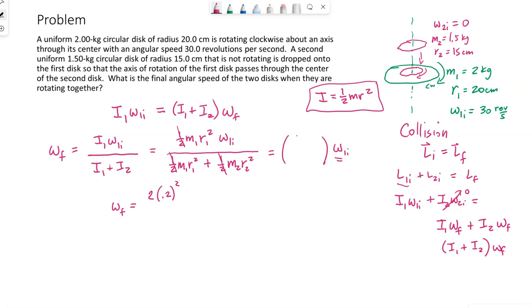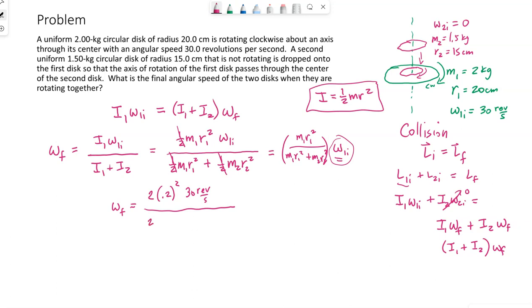But because of this setup here, the units in the parentheses are going to cancel. And so I'm going to go ahead and just leave omega 1 initial in terms of revolutions per second. And that's going to give me revolutions per second on omega final. Since the problem is not specifying specific units, it's okay to leave that in revolutions per second. The safe bet, though, is always to convert to radians per second. There's nothing wrong with that either.